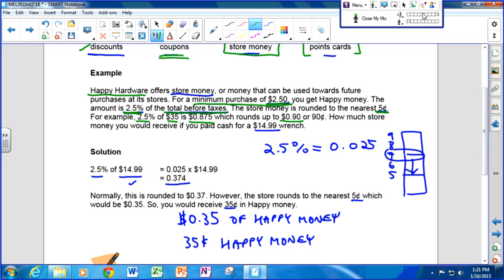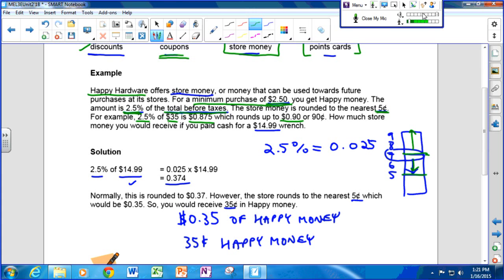Okay, and we actually talked about that because that's something that I'm not that used to doing, rounding to the nearest 5 cents. So in this case, the amount was 87.5, and we want to say, is that closer to this one or closer to that one?